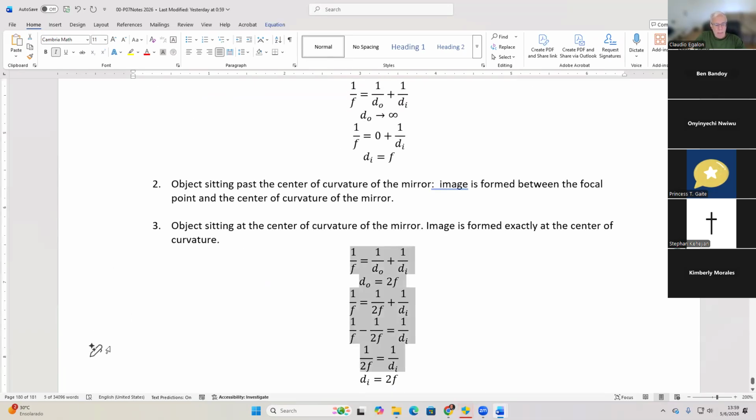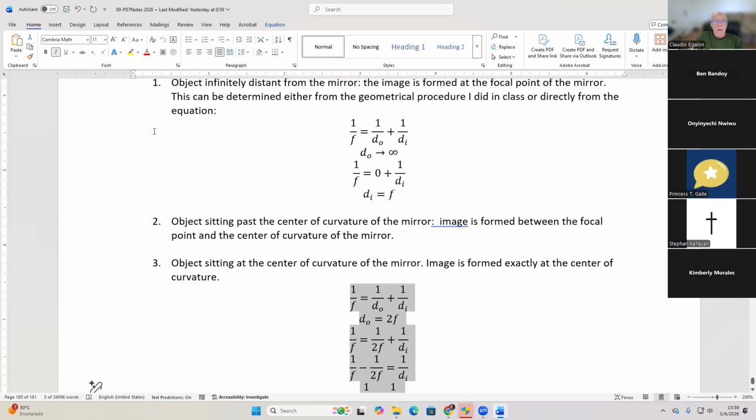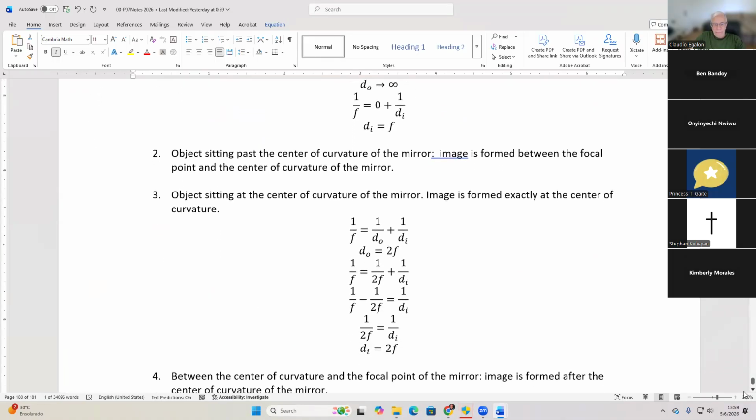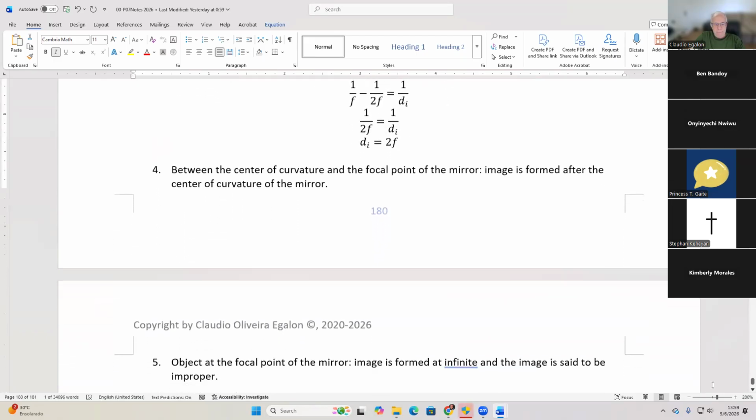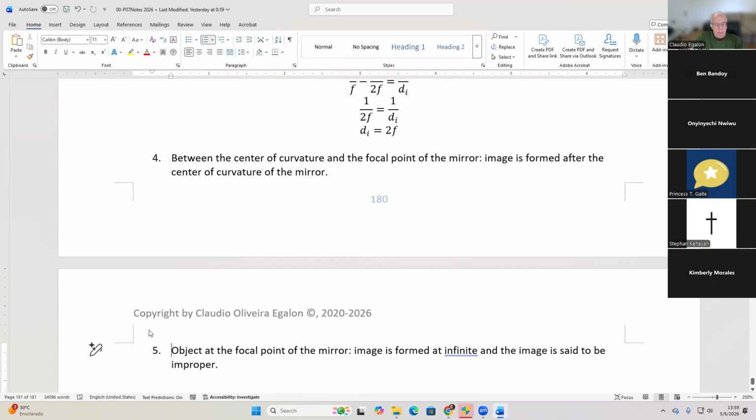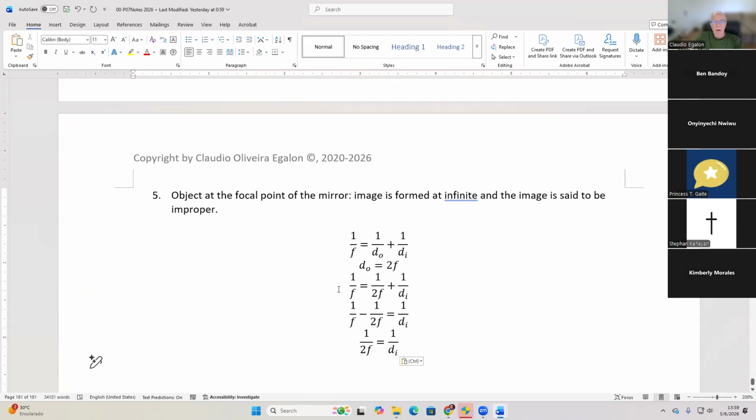There you go. The object distance is exactly equal to f, right?